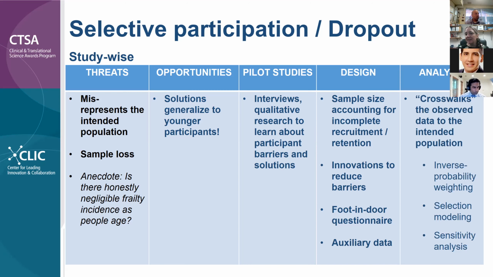I've listed 3 specifics there for the more statistically oriented people: inverse probability weighting; selection modeling, which is a particular missing data analysis technique; and then sensitivity analyses, basically aimed at estimating how large a dropout bias would have to be to overturn a result. All of these, in some ways, aim to provide a crosswalk between the data we observed and the intended population.